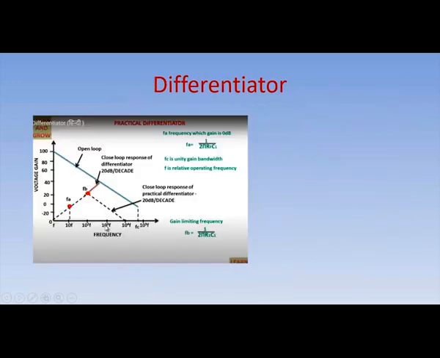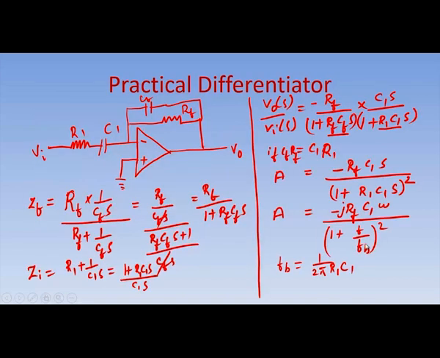Now, if F is increased beyond this Fb, this dashed line is the response of the practical differentiator. How is it going to be reduced? When you look at the equation, if F is increased beyond this Fb, a higher value is in the denominator, so this portion will be divided by a higher value, and the gain will also be reduced.